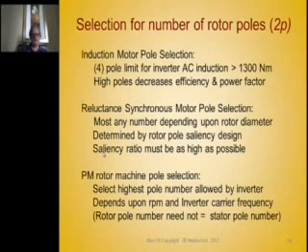Now, for induction motors, reluctance synchronous and PM, there are a few factors that are different from one machine to the other. The comments made before aren't universally applicable to all these machines. They are applicable to the PM machine, but for the induction machine and the reluctance synchronous machine, the issues related to the number of poles follow the same guidelines.